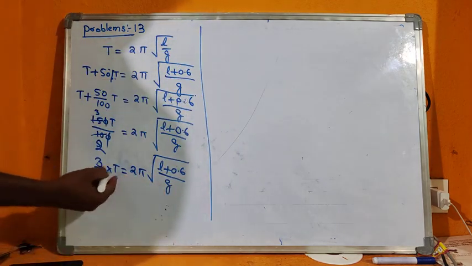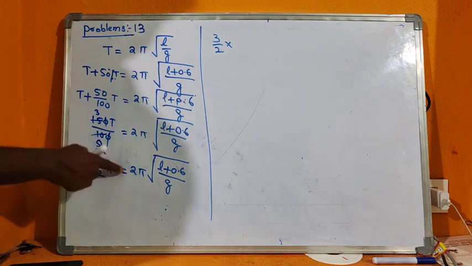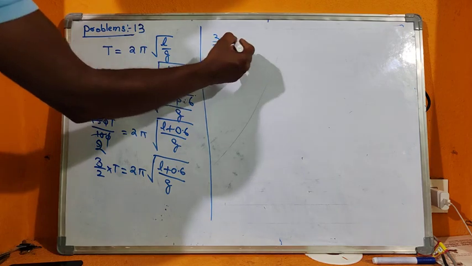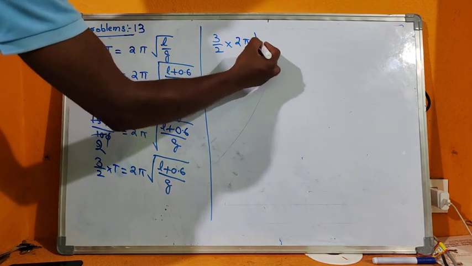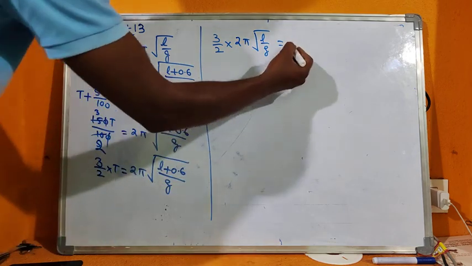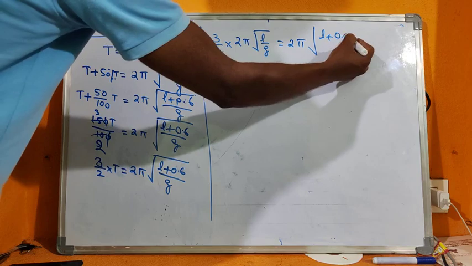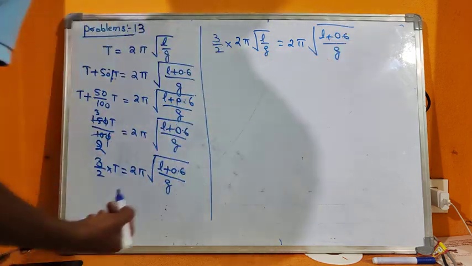But T is already equal to 2 pi under the root of L by g, which is equal to this one, 2 pi under the root of L plus 0.6 by g.